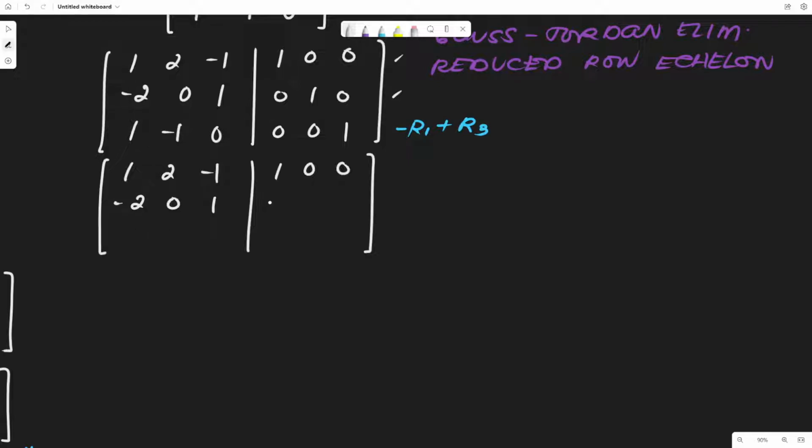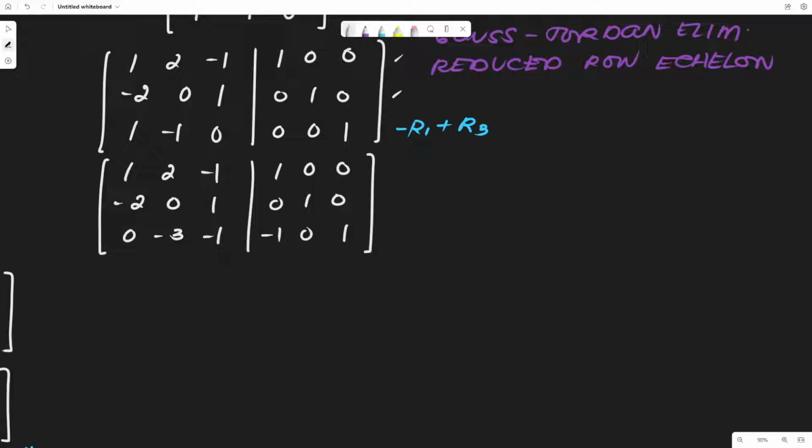So we have 0, obviously. Negative 2 minus negative 1 is negative 3. Negative 1 plus 0 is negative 1. Then negative 1 plus 0 is negative 1. 0 plus 0 is 0. Then negative 0 plus 1 is 1.